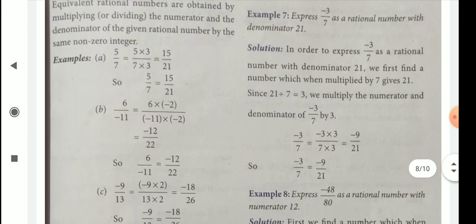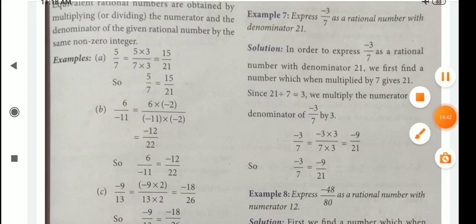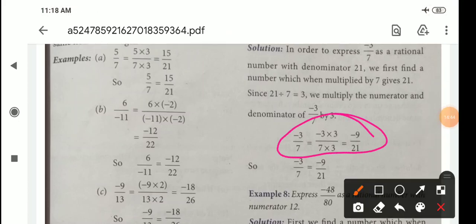Then express minus 3 by 7 as a rational number with denominator 21. So we have to convert this 7 to 21. What do we do? If we multiply this 7 by 3, we get 21. So we have to multiply both numerator and denominator.